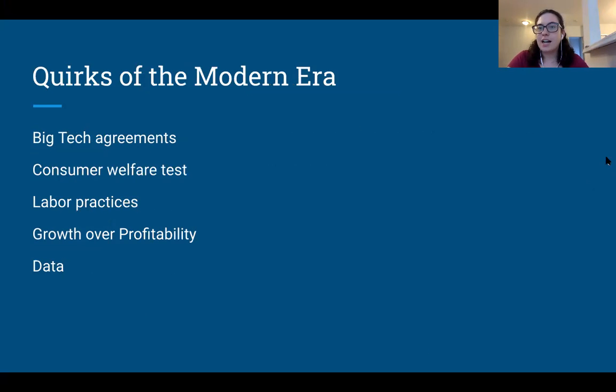So now, some more quirks of the modern economic machine is the big tech agreement. As we talked about, the conglomeration effect is a lot of this big tech agreement, whether it is PCs and Android products needing Microsoft Office and running on those products, and the collaboration with Microsoft, Facebook and Google Ads, another great example, Facebook and Apple and Google with Google Chrome on Macs, things like that.